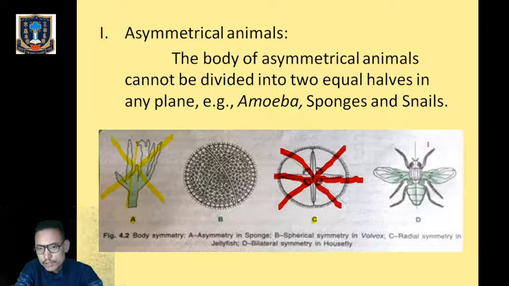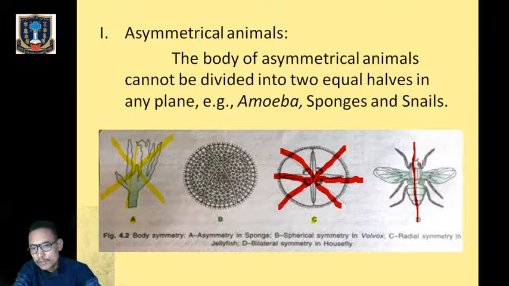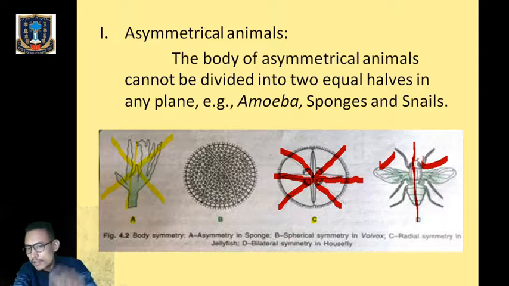But in bilateral symmetry, when we cut the animal from this particular direction, the body is divided into two equal halves: this is the first half and this is the second half. Both halves receive an equal number of body parts. But remember one more time that in bilateral symmetry, the body can be divided into two equal halves from only one plane.